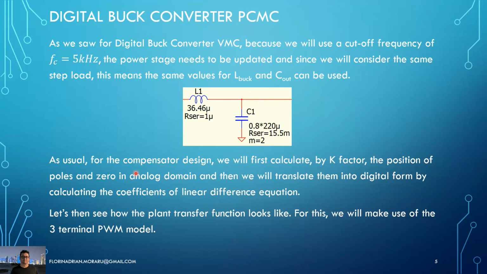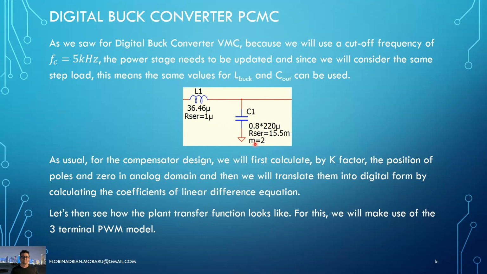Okay, so as we did it previously, to calculate the compensator, we will do it first in the analog domain, and then we will translate it into the digital domain by calculating the coefficients of the linear difference equation.